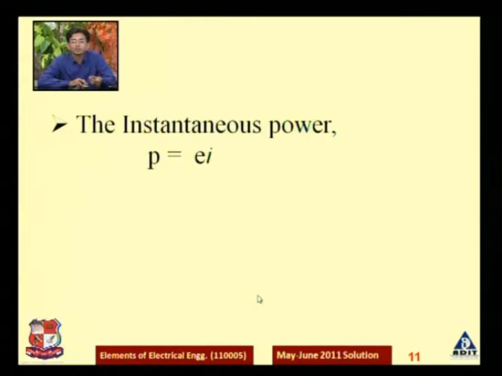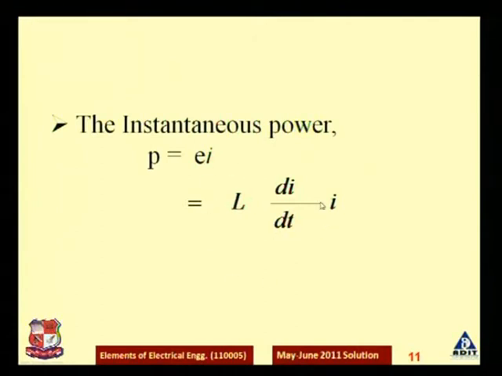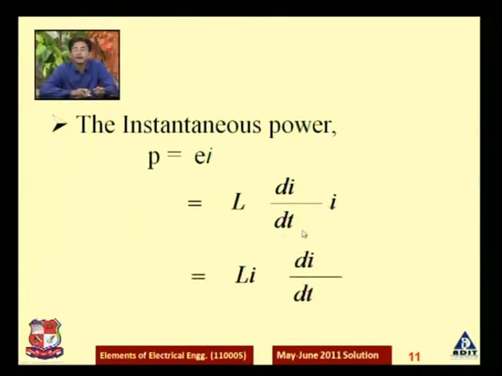Now you know the instantaneous power in the RL circuit is P equal to E into i. What is E? E is equal to L di by dt, and I am putting it as it is. So my equation becomes P equal to L i into di by dt. Just rearranging the equation, I am putting this i over here.